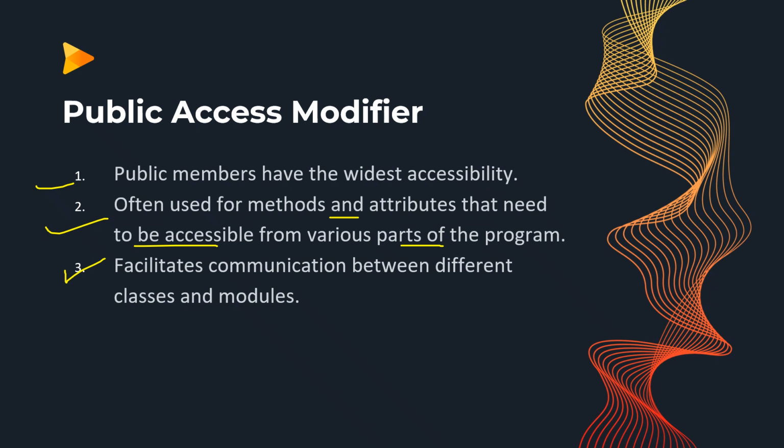It facilitates communication between different classes and modules, because it does not restrict the accessibility of any methods, classes or attributes. If we want to access a method from anywhere, then we use public. As we can see, in our public static void main we use the public keyword, because we have to access the main method from anywhere in the program.